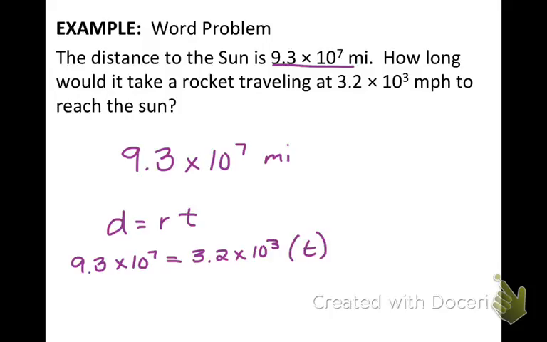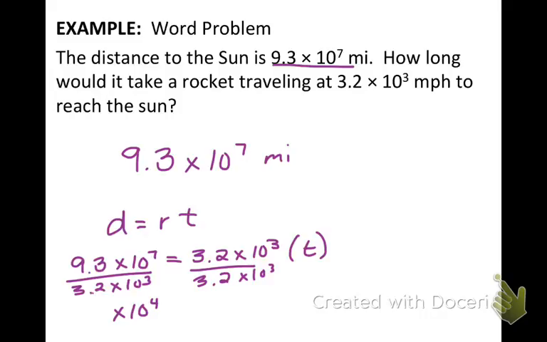T, because that's what we're trying to solve for. So how do I get T by itself? Divide by 3.2 times 10 to the 3rd. So how do I evaluate that fraction on the left side? What are my exponents going to be on the 10? 4. So times 10 to the 4th.